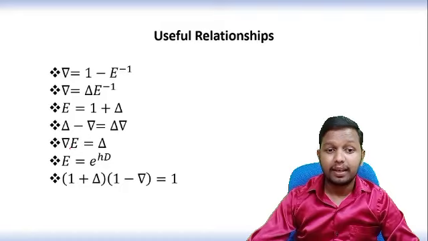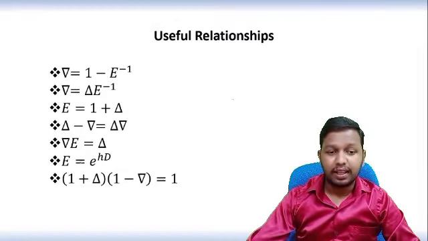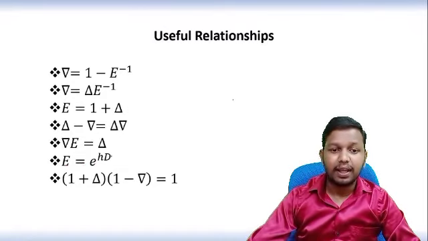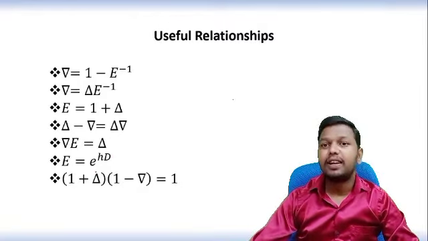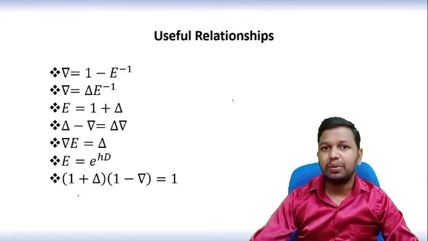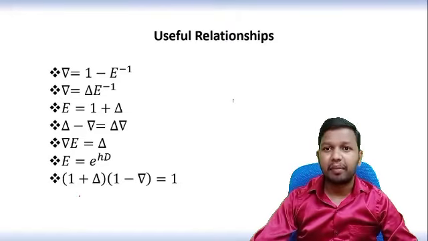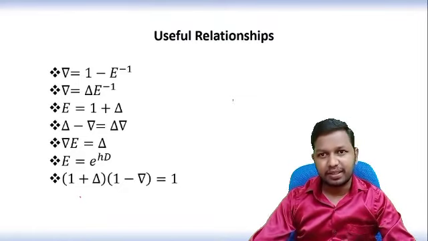Next one, nabla into E equals delta, and E equals e power h into D, where e is the exponential and capital D is the differential operator. Next one, 1 plus delta into 1 minus nabla is equals to 1. These are some major relationships between shift operator and difference operators.